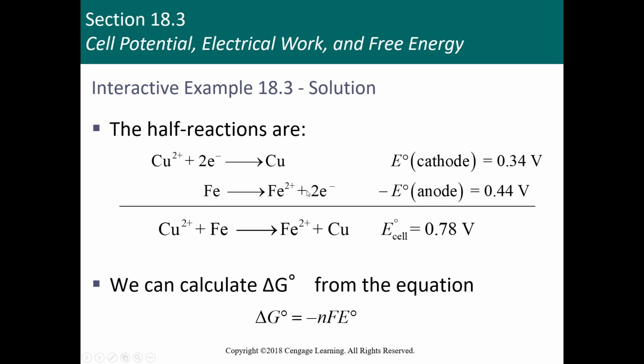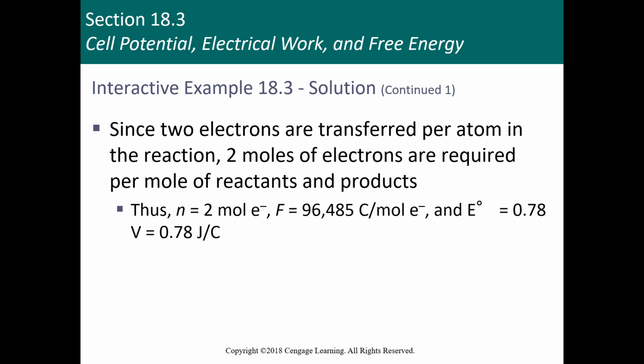And that's why I was stressing to make those numbers of electrons equal before, because that will give you your number of electrons in any of these calculations. So this will be a 2 here. That comes from right there. So you have the 2 moles of electrons.